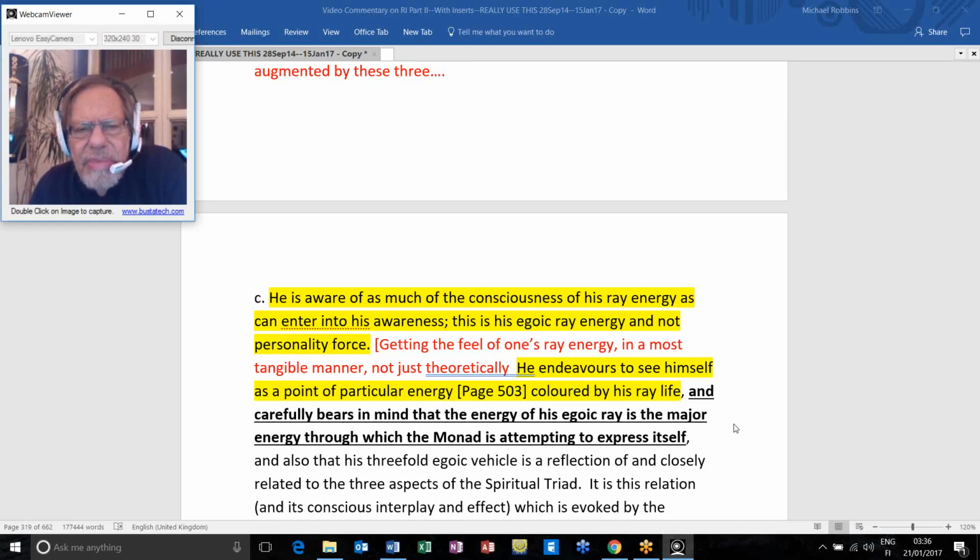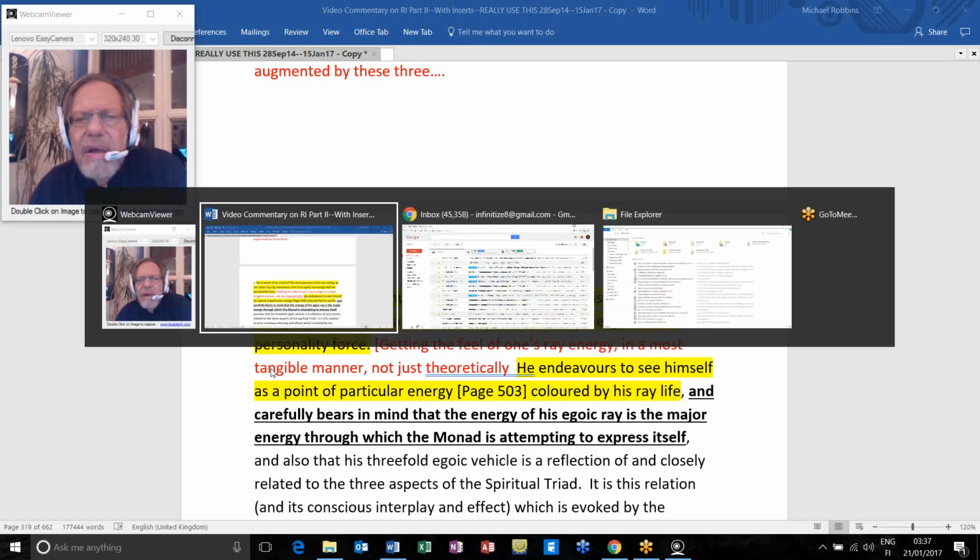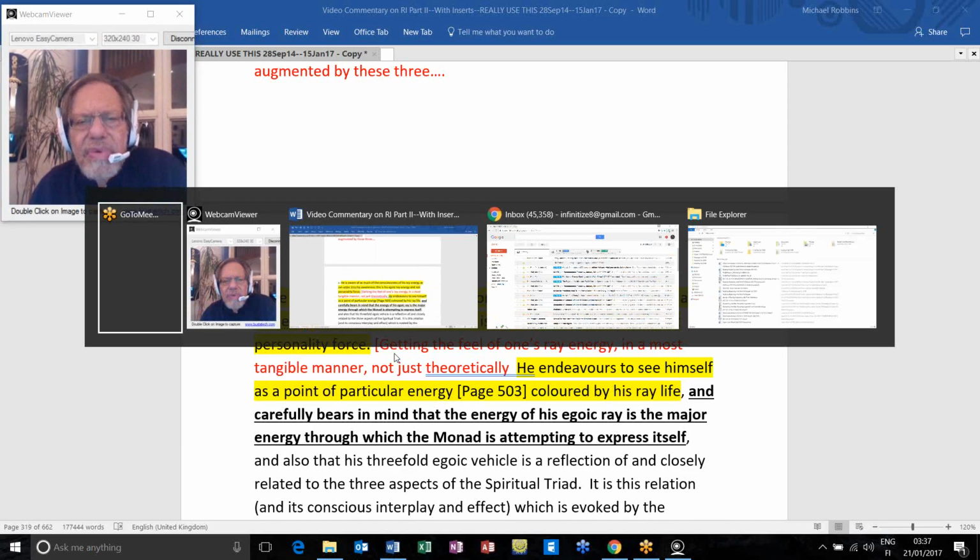So he carefully bears in mind that the energy of his egoic ray is the major energy through which the monad is attempting to express itself, and also that his threefold egoic vehicle is a reflection of and closely related to the three aspects of the spiritual triad. And I think we have, where have we seen that?